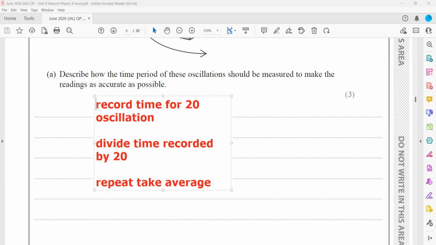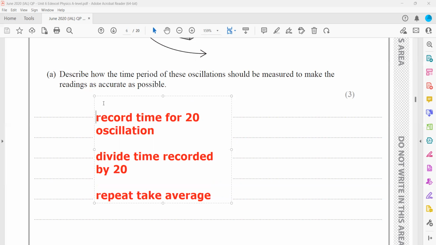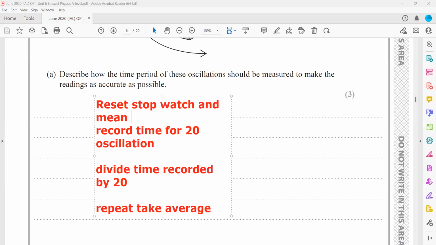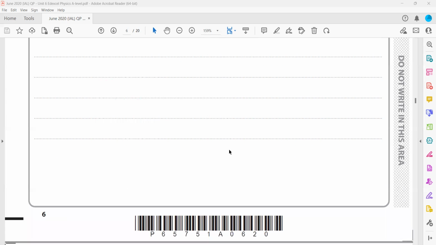And the first two points are that we reset the stopwatch and mark the fiducial points, the mean and extreme positions. This is a similar experiment to how we work out the time period of oscillation for a simple pendulum. For any object which is vibrating, if you want to work out the time period, you will use the same method.